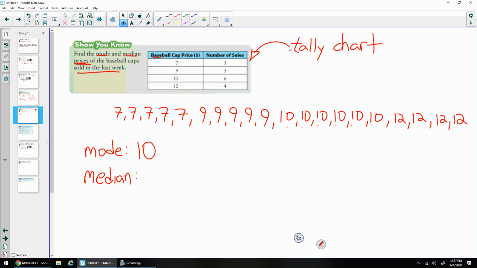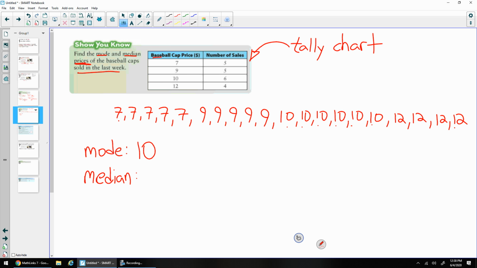And so we can either look and count on here. So where's the 10th number? Well, there's 5 here, and then the 10th number would be a 9. And then the 11th number would actually be the first 10 written down, so 9 and 10. Maybe that was a bit confusing. It's sometimes hard to see on a tally chart, and that's why it can be good to write the numbers down.